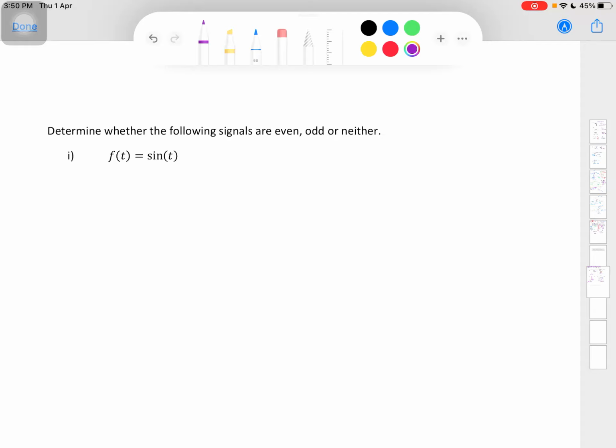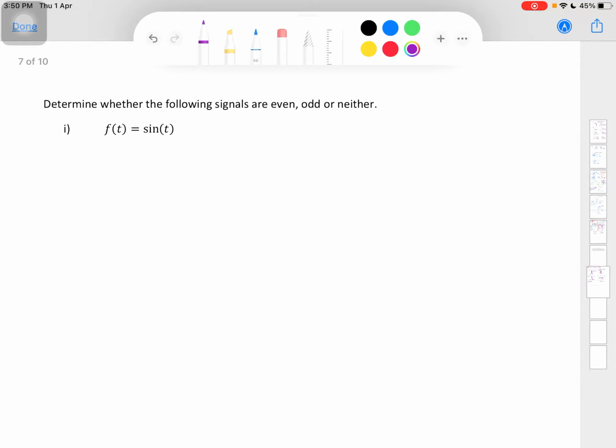One method to solve this is to draw the sine function's graph. From the graph you will know that it is even, odd, or maybe neither. But let's say you don't remember how the sine graph looks like. Here I'm going to teach you a method where you calculate the value of sine at different times.